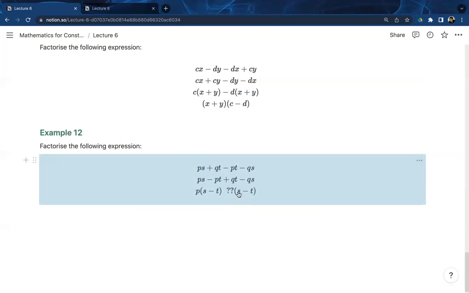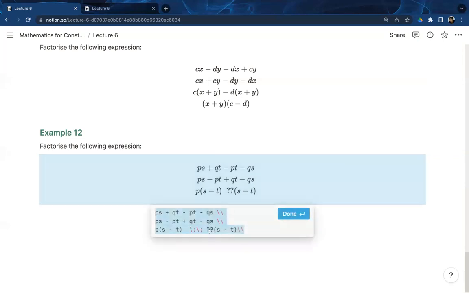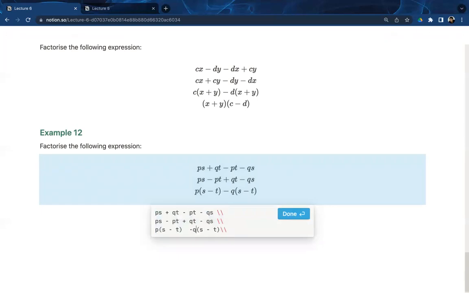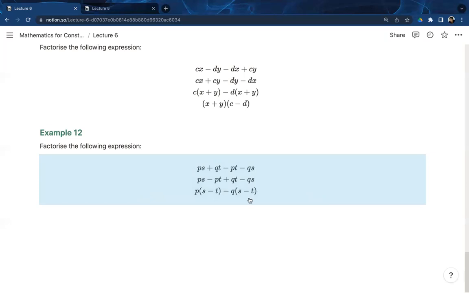I have a positive S here, but I need negative QS. What should I put here? Positive S, I need negative. So clearly, I need a negative sign. Negative something by S is negative QS. What by S is QS? This is not too bad. Minus Q. So I need a minus Q here.